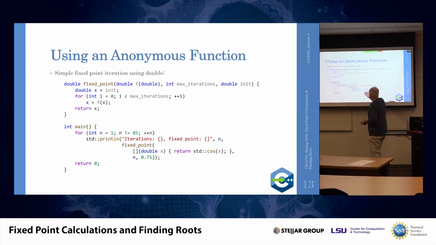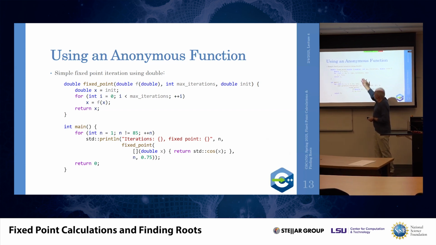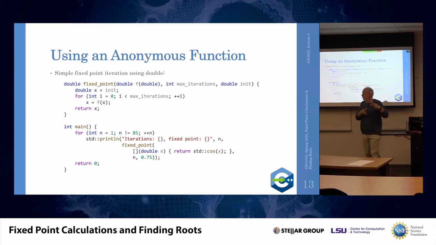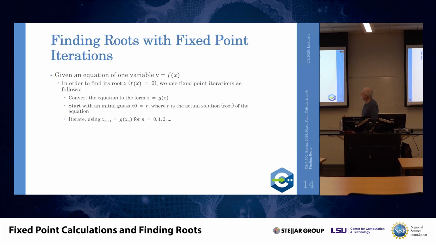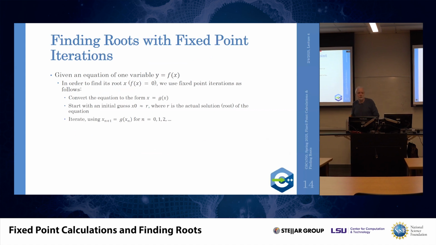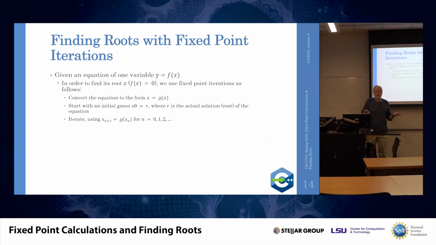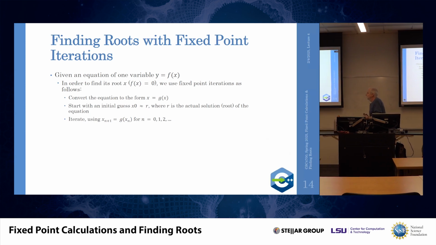In this case, finding the fixed point of a cosine. So we separate the essence of the algorithm from the concrete implementation, from the concrete use of that very same algorithm. Okay, so far so good. I think it's not difficult to understand. It's a very simple loop in the end that iterates over a repeated function invocation.